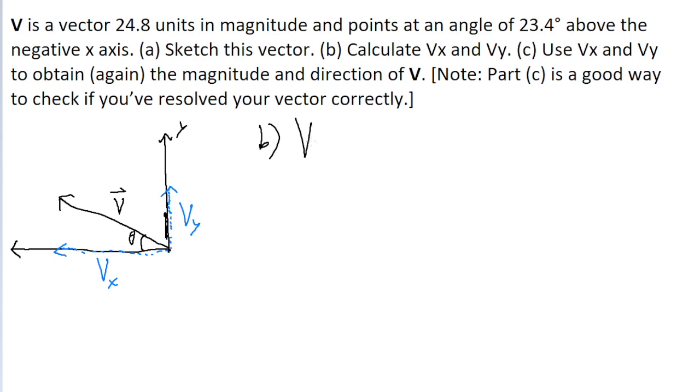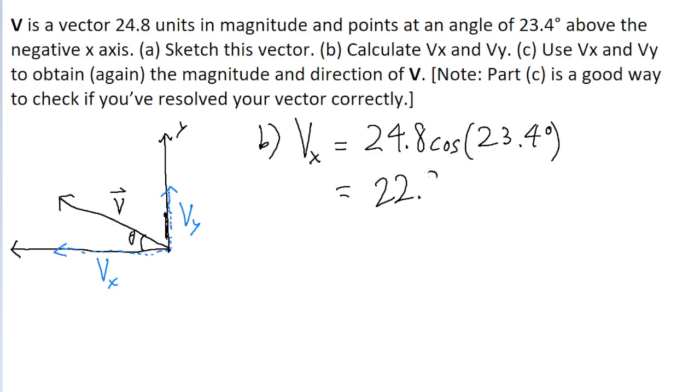So to find v sub x, we just need to take the magnitude of the vector, 24.8, and multiply by the cosine of the angle 23.4 degrees. If we put this into a calculator, then we find the x component to have a magnitude of 22.8 units.